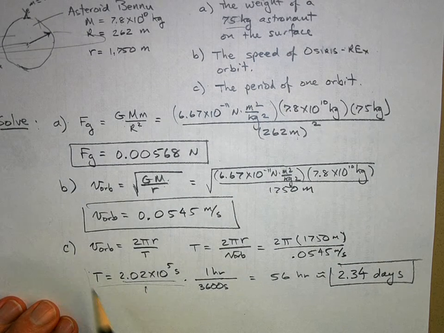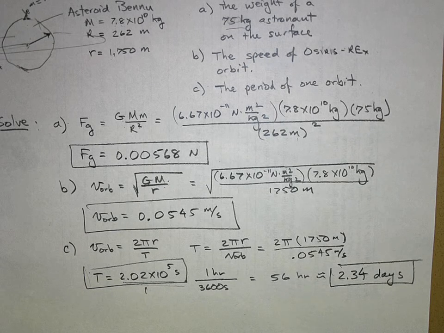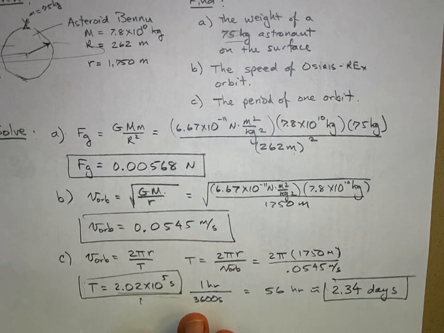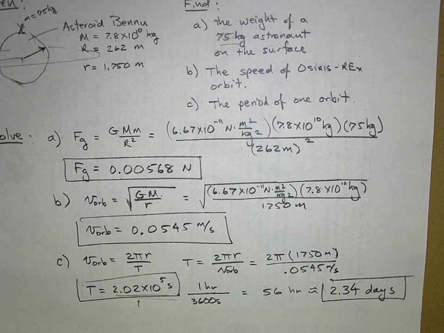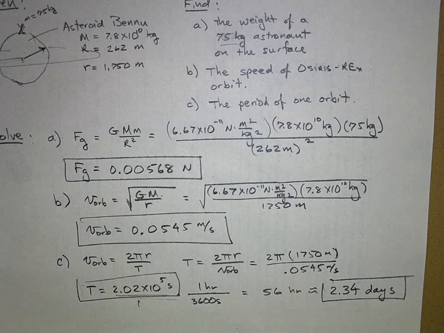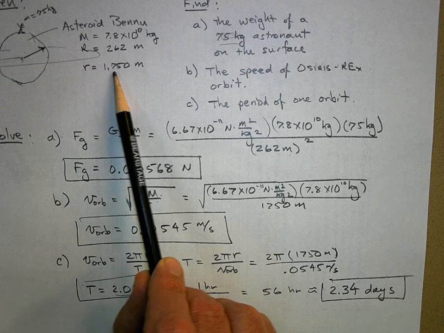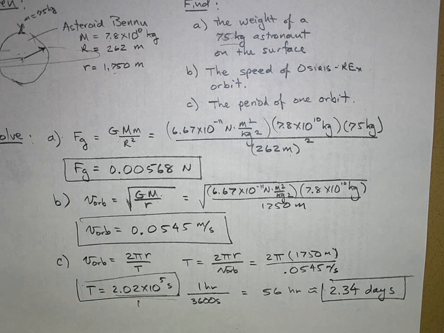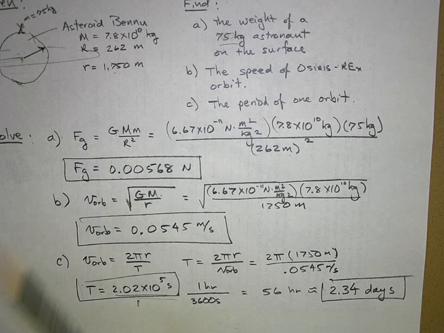A lot of the stuff that we did, we did some stuff with black holes the other day. Now we're doing this. This is just like the opposite. This asteroid is so tiny that this orbital radius is a little more than a mile from the center.